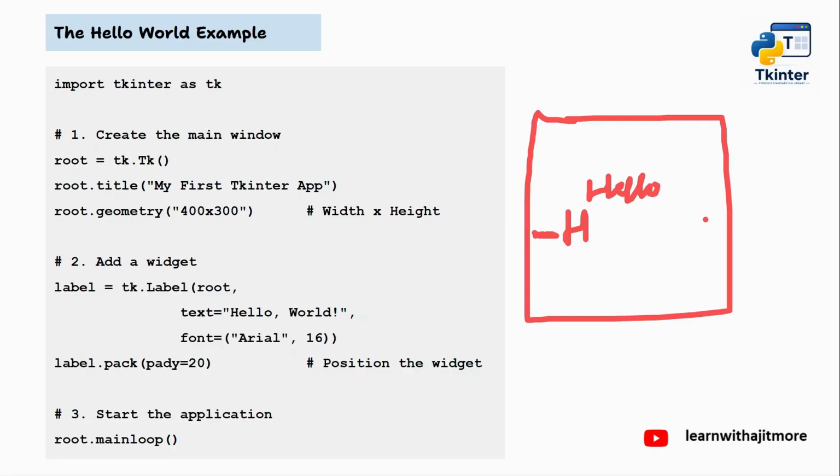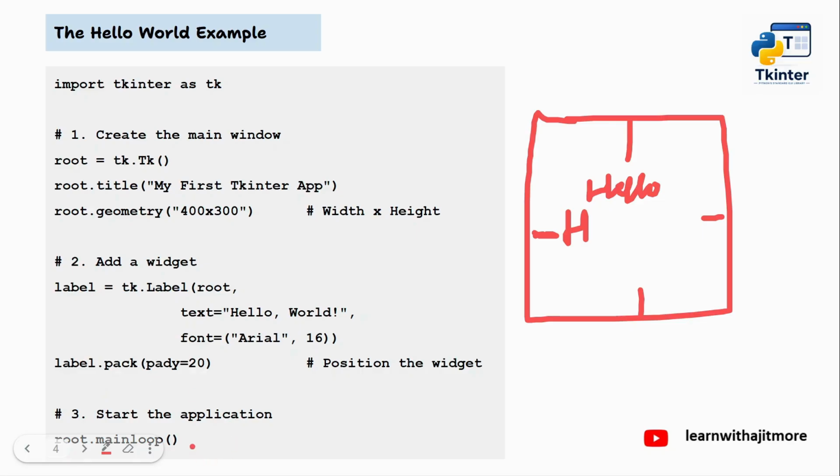Or if you're sticking to the right side, then pad x. Sticking to the bottom, then pad y is useful. So I'm putting pad y equal to 20. So from the top, it will leave 20 of space and stick your component. Now the geometry manager is also decided.